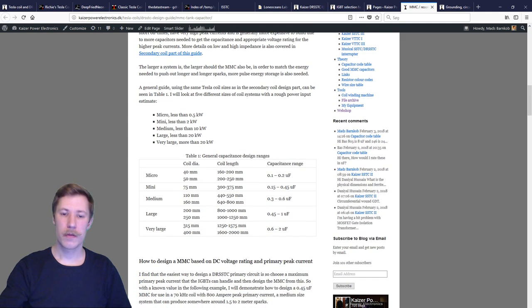So what I try to do in the MMC part here is simply put up a capacitance range within which the primary impedance will match the secondary impedance tables that are in the secondary coil design chapters.